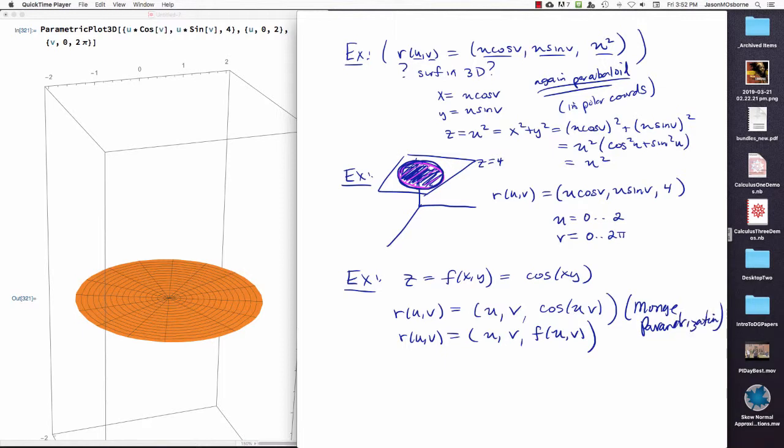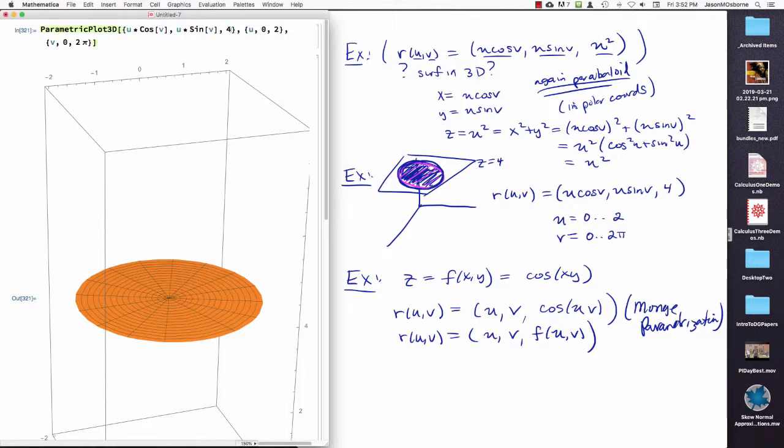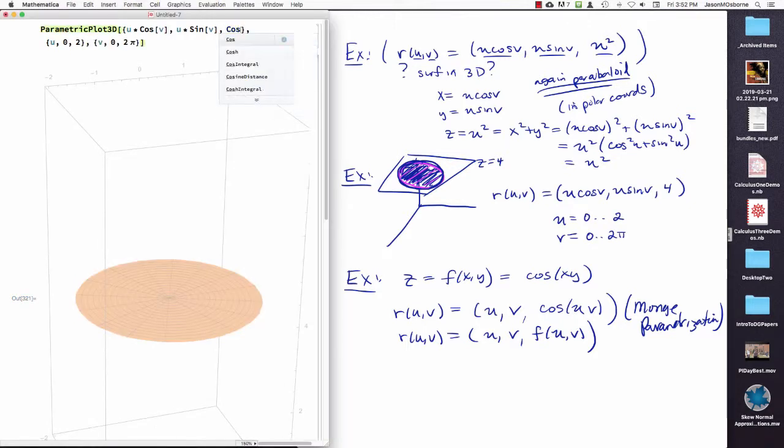For example, it is basically taking your surface cosine of xy, but putting in x for u and y for v. y is equal to v, x is equal to u, and we're plotting that surface as a vector valued function using, in a sense, rectangular coordinates for the u and v.